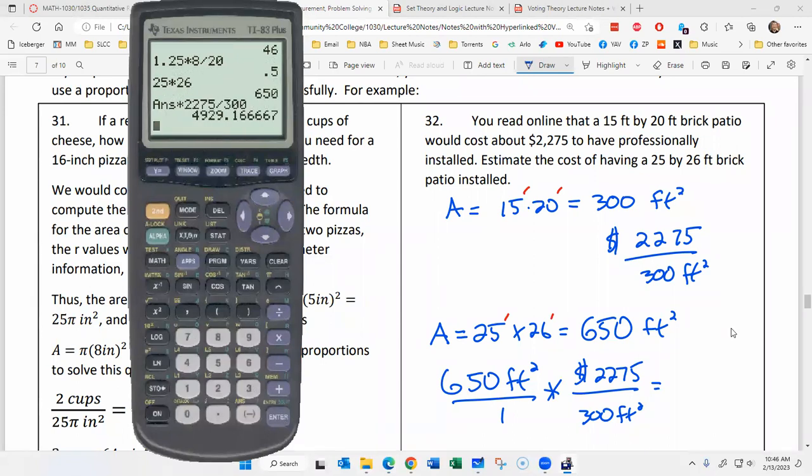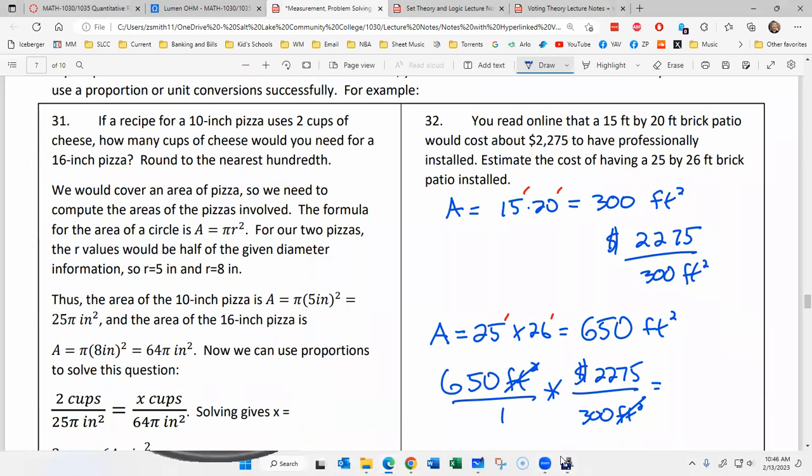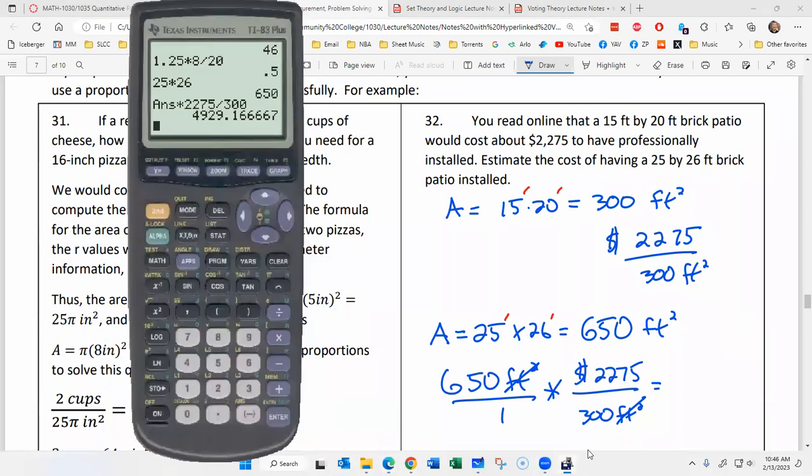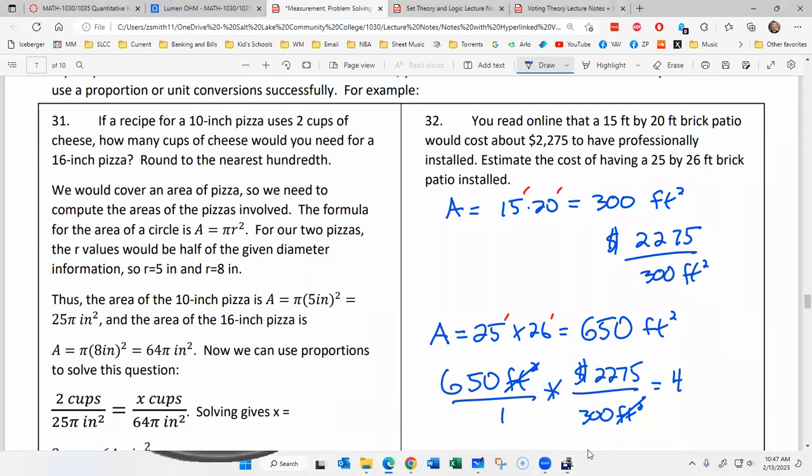Maybe they have special machinery that works in perfect 5-foot increments. And so a 15 by 20 is easy and a 25 is great, but the 26 will slow them down. So they might charge a little more. I don't know. There are some things that could come up, but we can at least estimate $49,29,17.